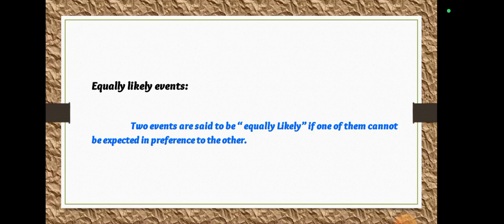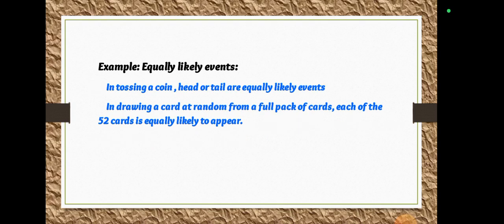Equally likely events. Two events are said to be equally likely if one of them cannot be expected in preference to the other. Example: in tossing a coin, getting head or tail are equally likely events, because the head does not affect the tail. In drawing a card at random from a full pack of cards, each of the 52 cards is equally likely to appear.